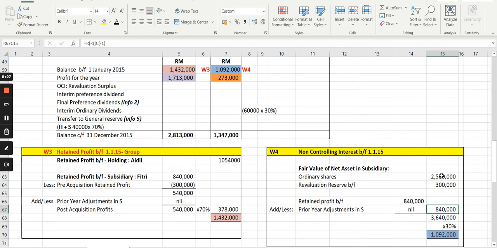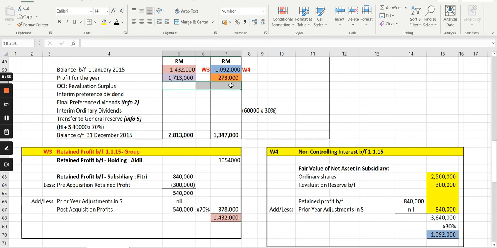If you total up this figure here, you would get 3640, and the non-controlling interest share in the net asset of the subsidiary is 30% based on the non-controlling interest share of the ordinary shares, right? So 1092, you will put it here.